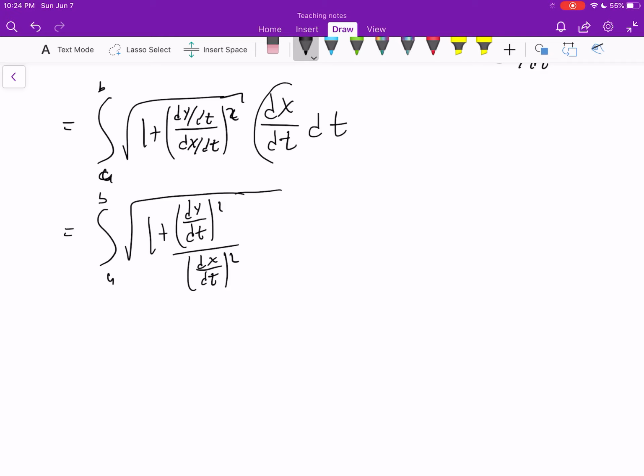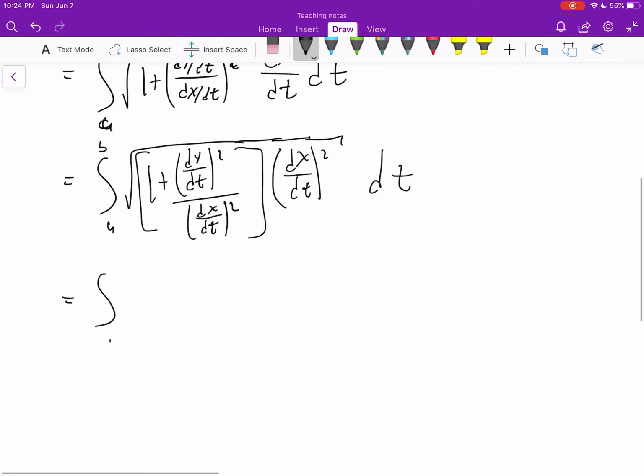And now I'm going to take this dx dt that's on the outside and bring it inside the square root. But in order to do that, I have to square it, and it's going to multiply all of this stuff. So I'm going to get a dx dt squared here, dt.